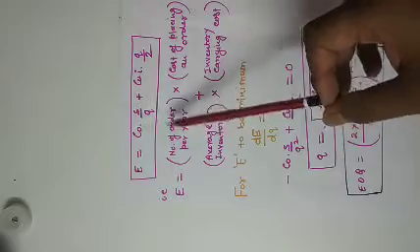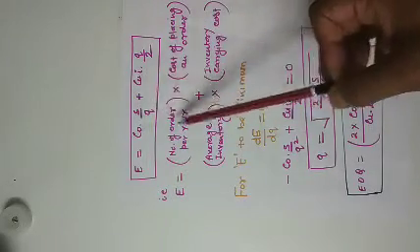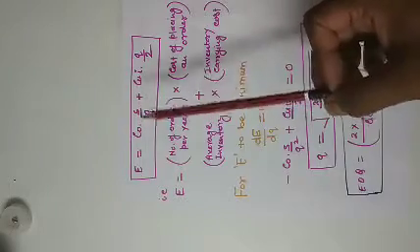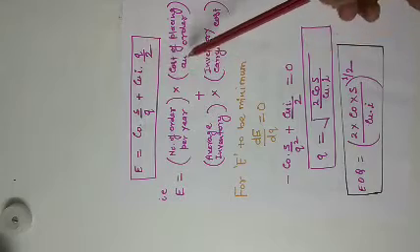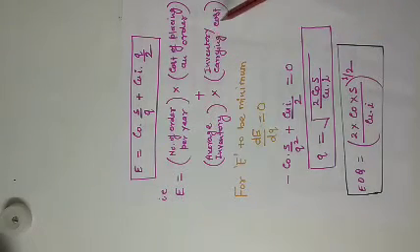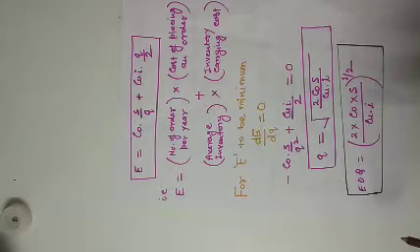CO is the cost of placing an order, and S by Q is the number of orders per year. In the same way, Q by 2 is average inventory, and CU into I is inventory carrying cost. Clear?